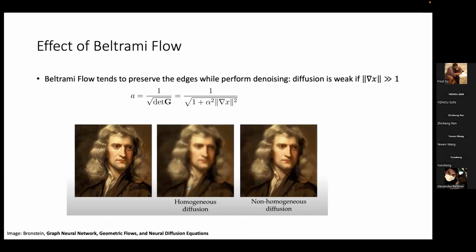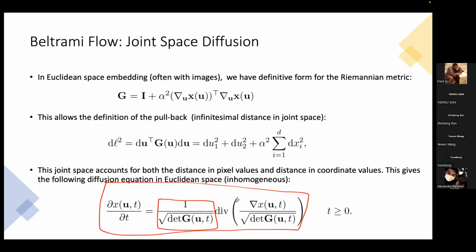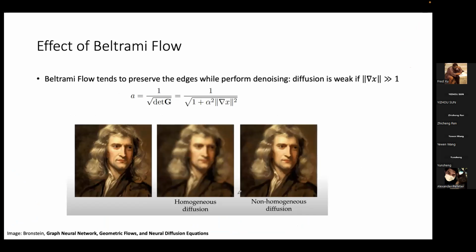A property of this equation, which is called the Beltrami flow, is that it tries to preserve the edges while performing denoising. So it is an instance of non-homogeneous diffusion. Non-homogeneous diffusion means that you have different diffusion intensity at different spatial coordinates.